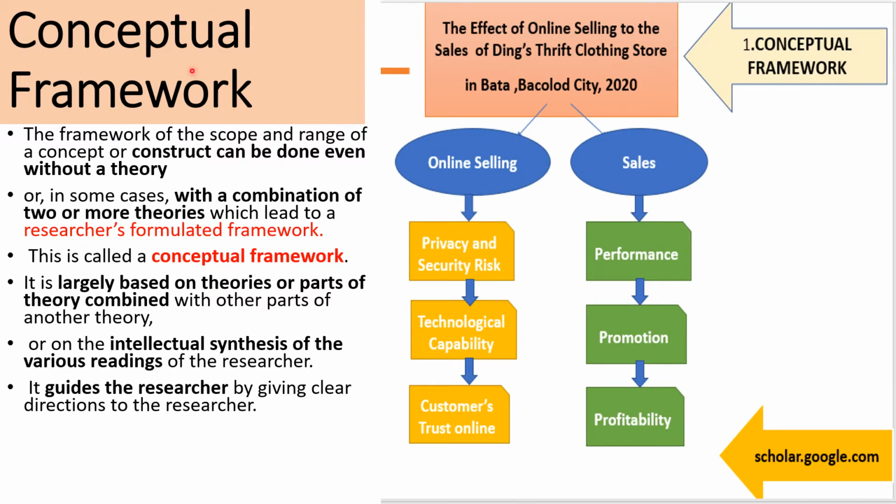So, conceptual framework, it is a researcher's formulated framework. Yes, as a writer, you have the right and you have your own decision, you have your own choice to make or what concepts or ideas you're going to use in your study. But first, you need to make a framework, a skeleton.